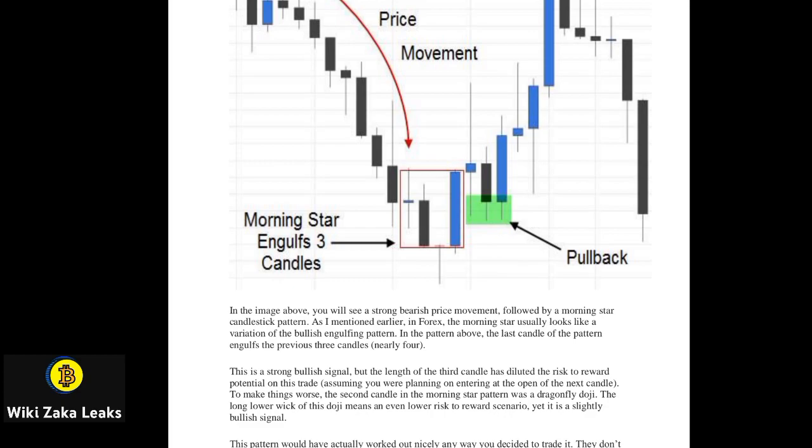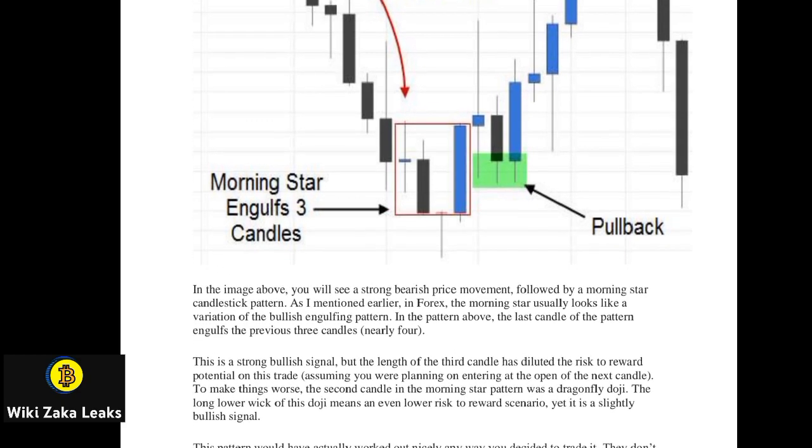Okay, like this one. In the image above, you will see a strong bearish price movement followed by a morning star candlestick pattern. As I mentioned earlier, in Forex the morning star usually looks like a variation of the bullish engulfing pattern. In the pattern above, the last candle of the pattern engulfs the previous three candles, nearly four.